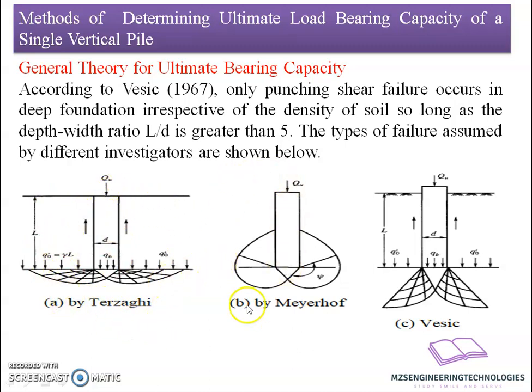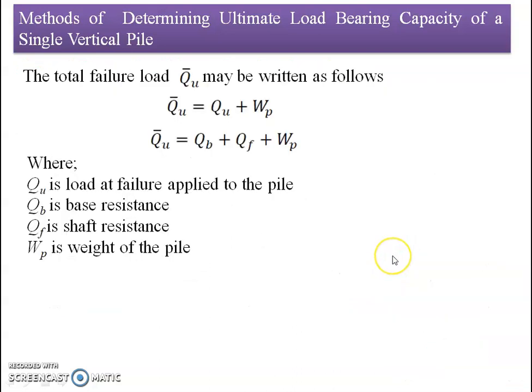Similarly, Meyerhof in 1967 suggested a solution that when the L by D ratio is greater than 5, then there is the domination of punching shear failure. There will be no more existence of general shear failure and local shear failure. With these assumptions, let us move further towards the estimation of load bearing capacity.